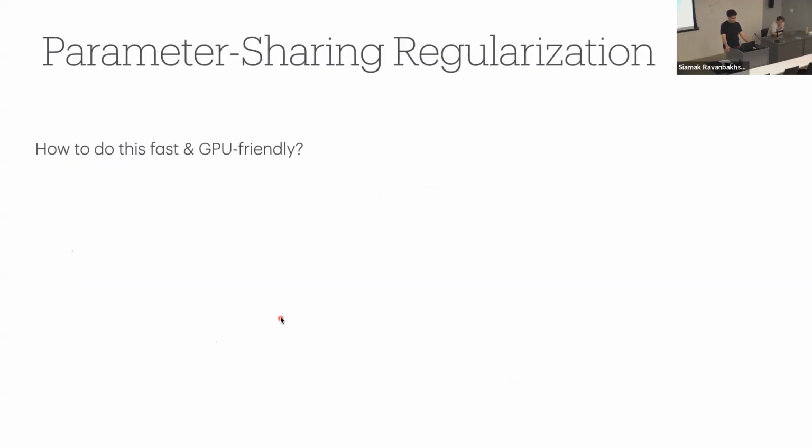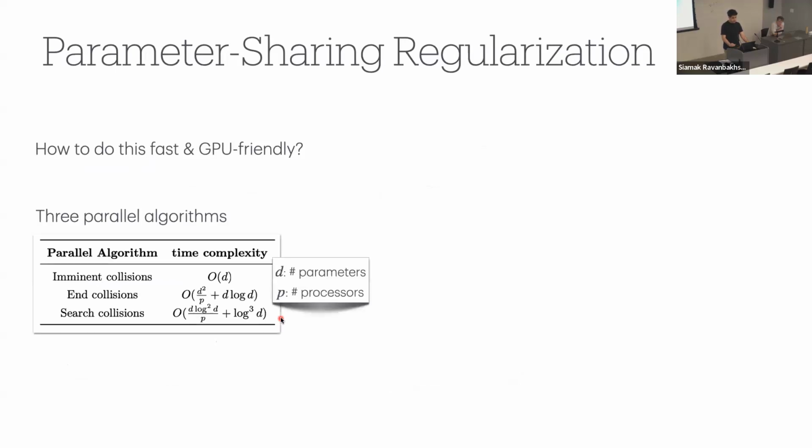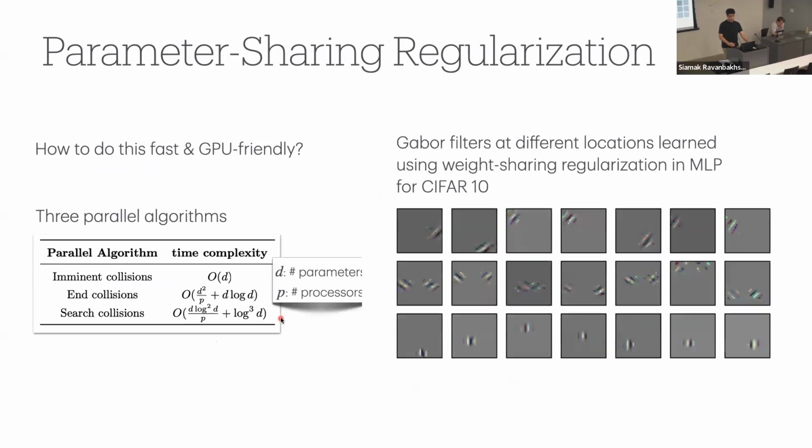This project was led by Mehran, and what he was able to do was to come up with efficient and GPU-friendly algorithms for this. And for the first time here, we were able to actually apply this to networks with tens of millions of parameters.